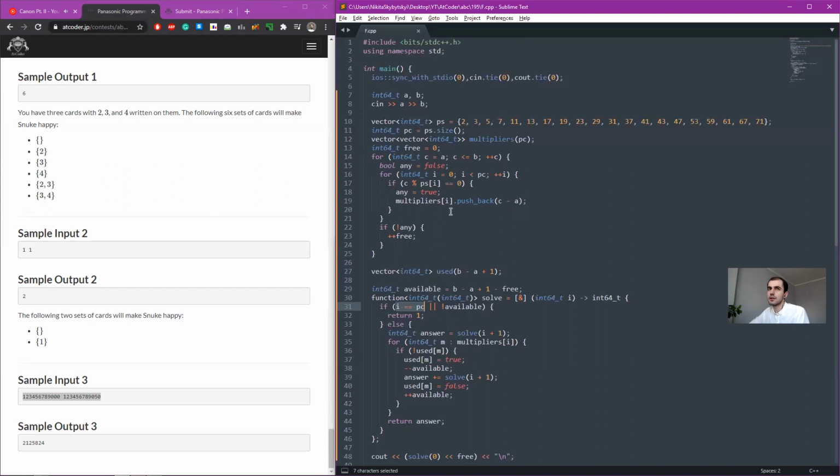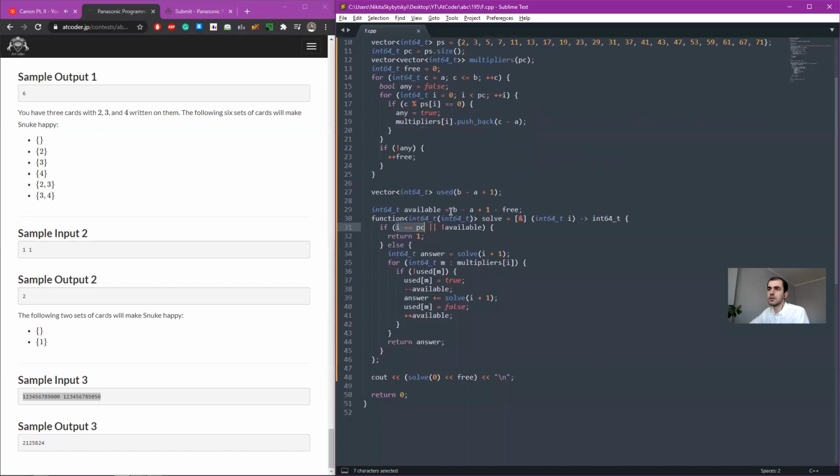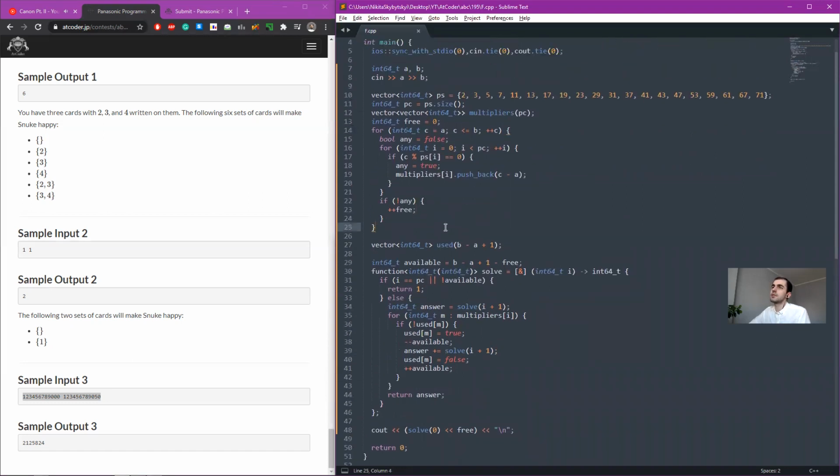Wait, is it actually correct? This is if we don't take it, and this is if we take it. Right, this. No, but then, okay, what if we say, you know what?